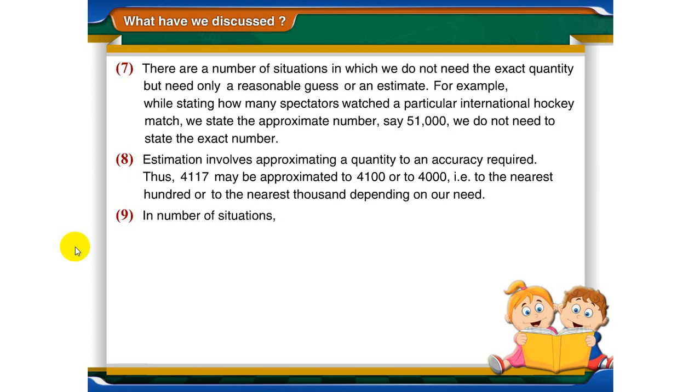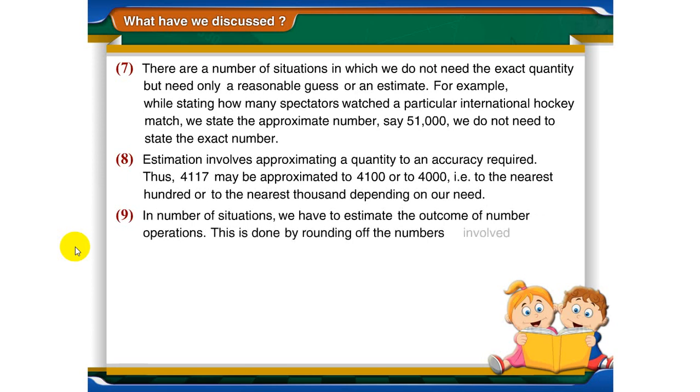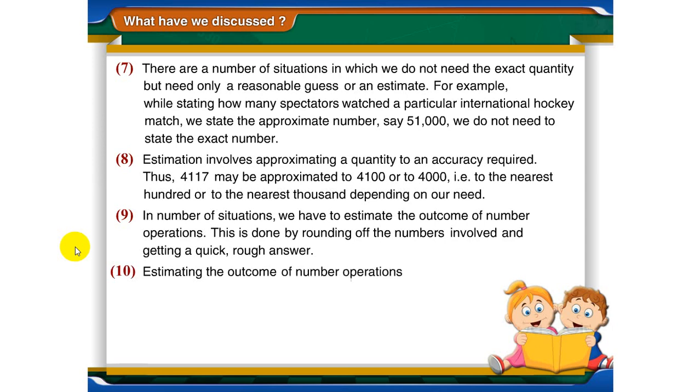9. In a number of situations, we have to estimate the outcome of number operations. This is done by rounding off the numbers involved and getting a quick, rough answer. 10. Estimating the outcome of number operations is useful in checking answers. 11.